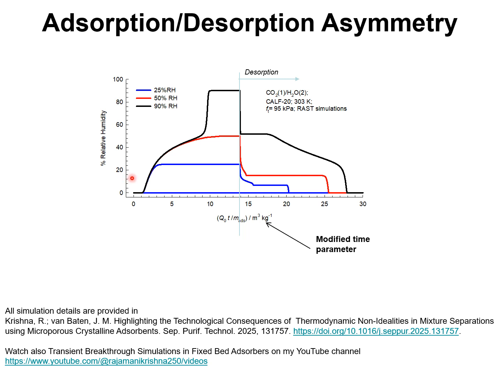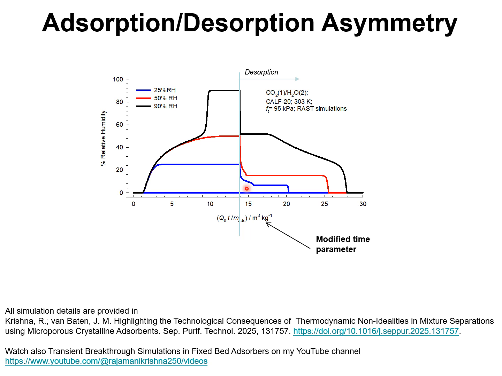I present breakthrough simulation data for 3 values of percentage relative humidity in the entering gas mixture: 25% relative humidity plotted in blue, the red lines show the simulations for 50% relative humidity, and the black lines are for 90% relative humidity.